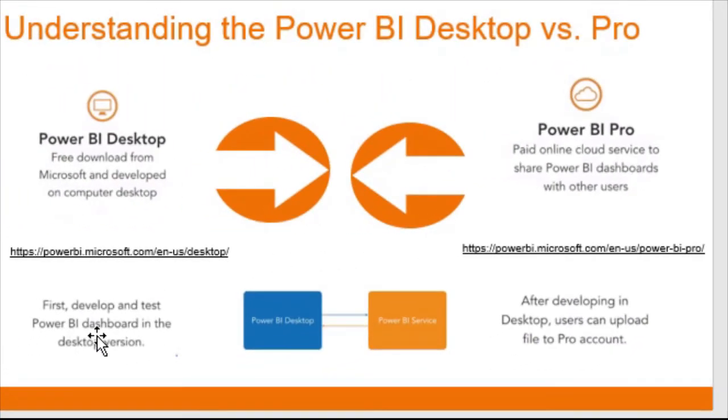So basically, first we have to develop and test the Power BI dashboard in the desktop version, and then we have to publish that data which we have built using the desktop onto the cloud so that we can share with others.